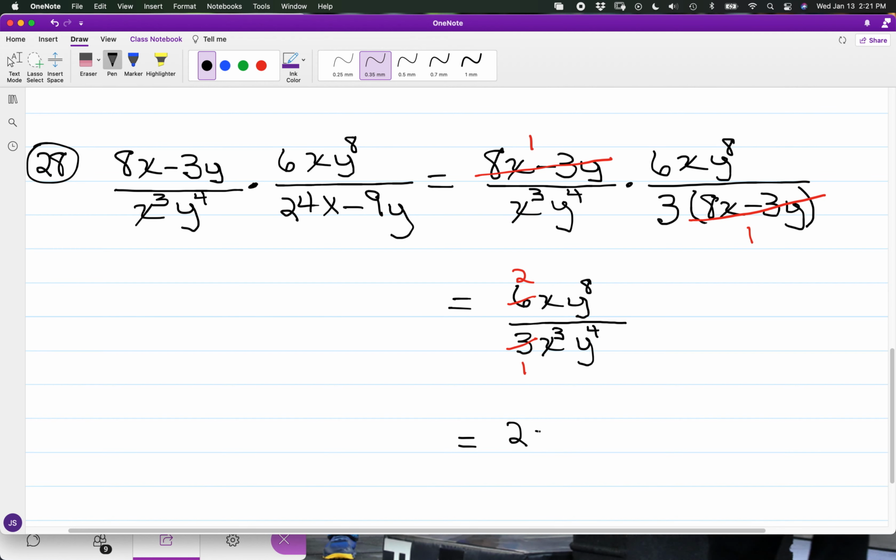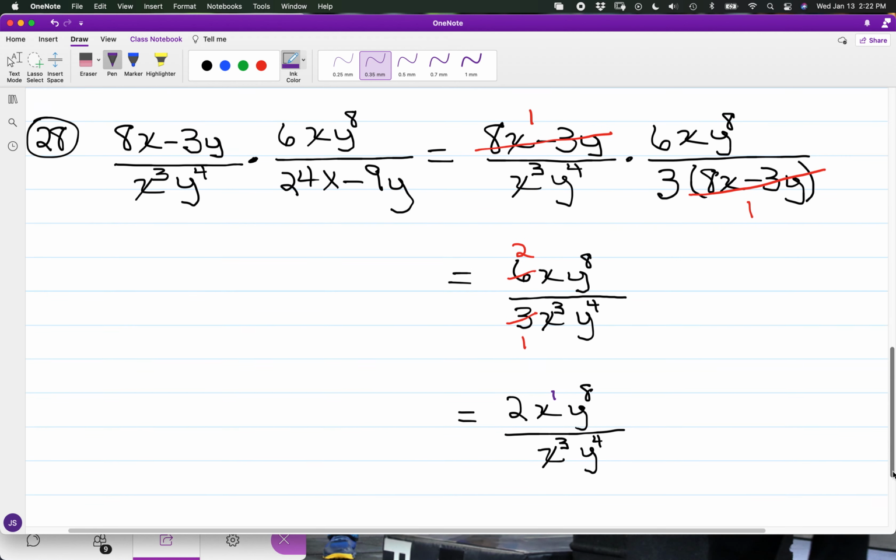So you have 2x y to the 8th all over x cubed y to the 4th. Okay, now you have 2, x to the 1st, times y to the 8th, all over x cubed y to the 4th.